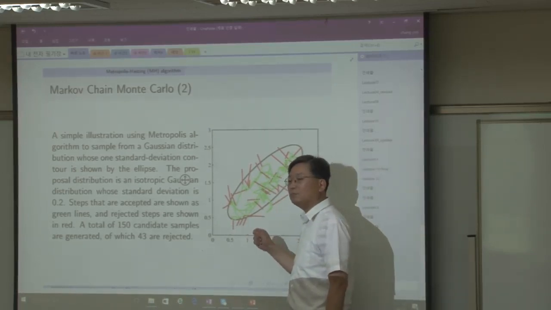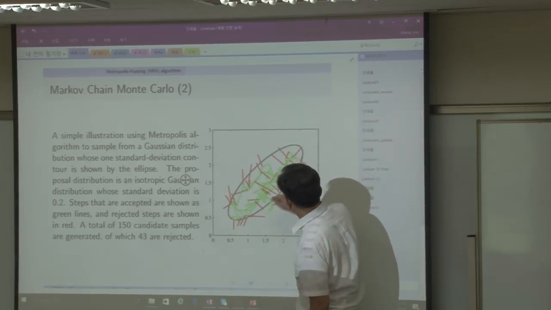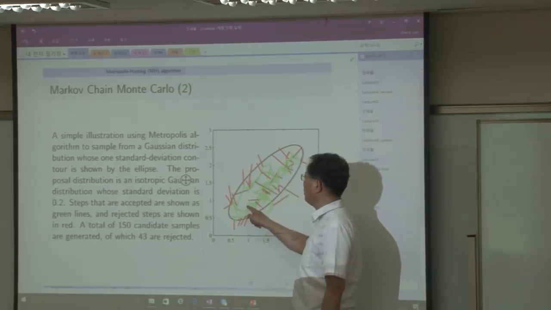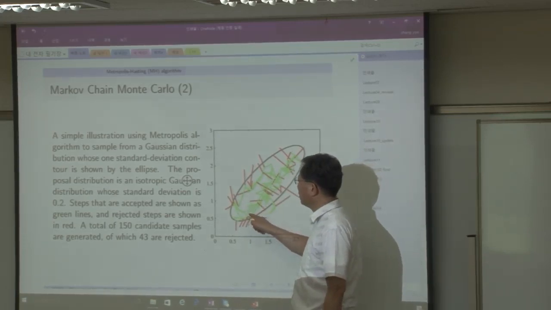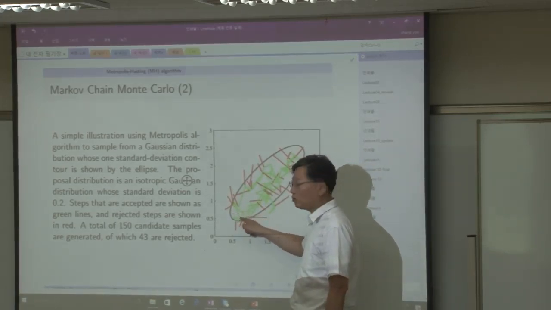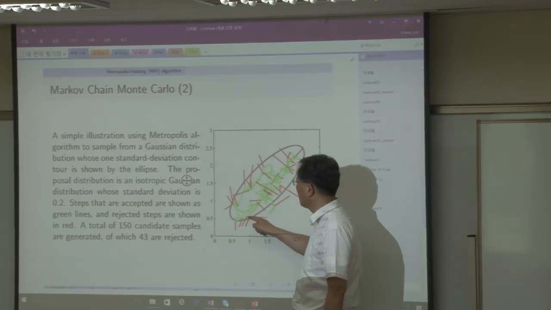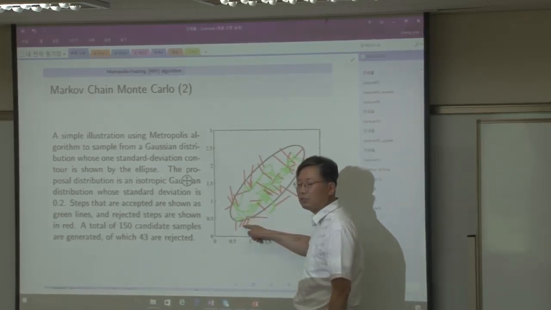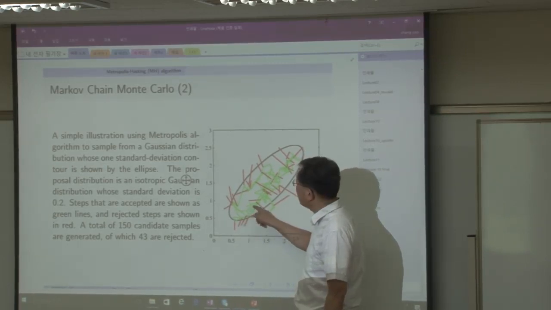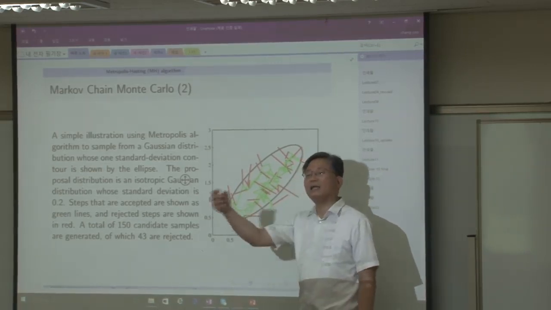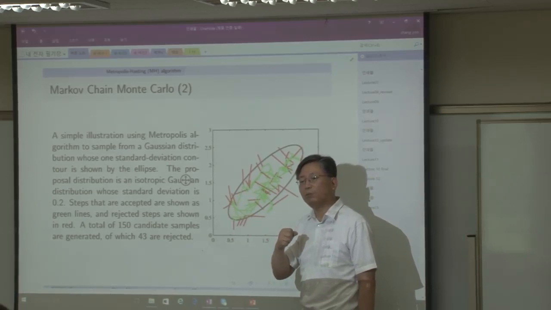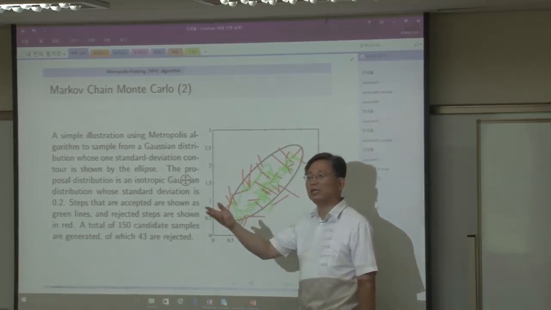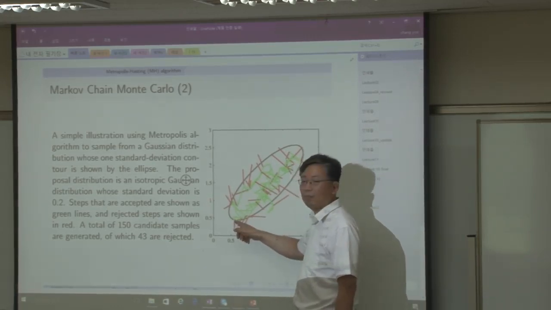I've used MCMC. I don't know where the starting point is, but I start somewhere here and I'm walking. The green represents that I accept the samples from the proposal distribution. The red means reject, and I stay where I am.